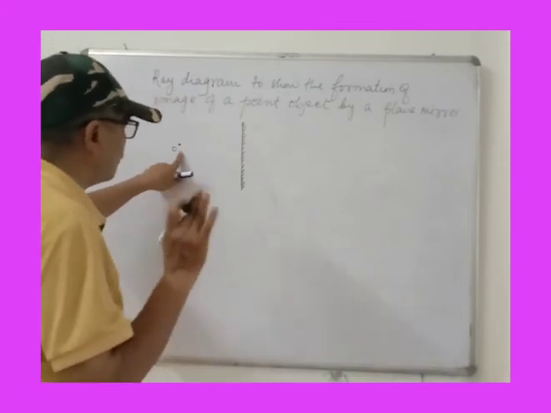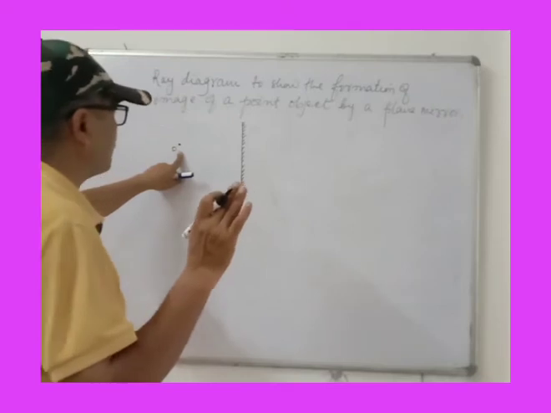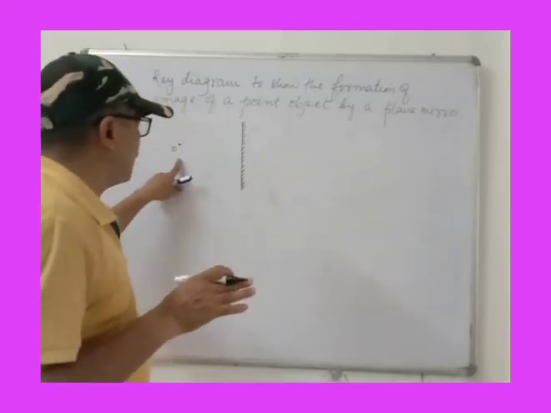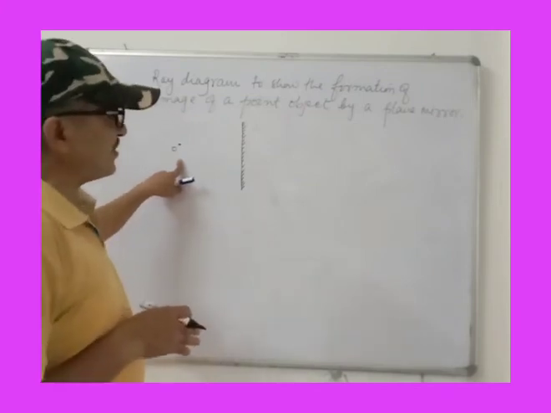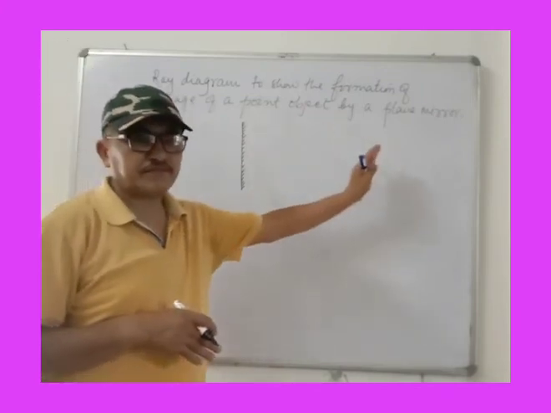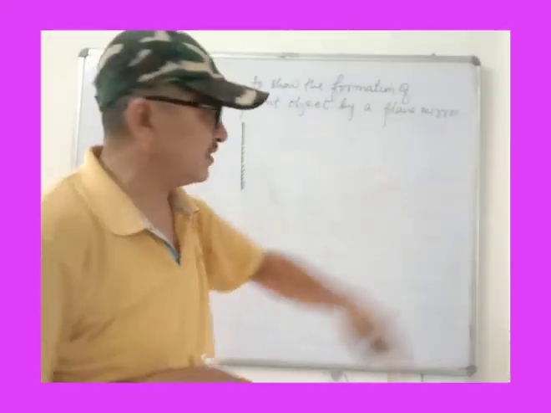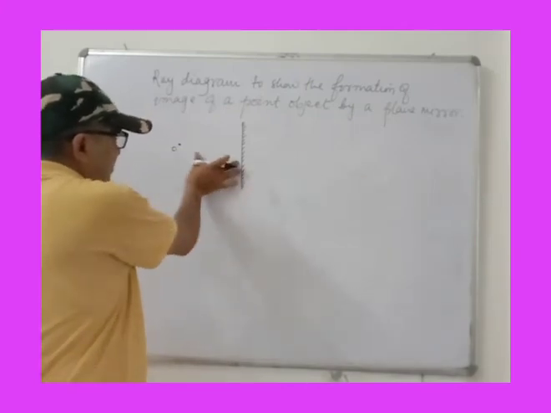And as we know that the distance of the image formed is equal to the distance of the object from the mirror, and image is always formed behind the mirror. When we see the looking glass, we see our image behind the mirror. Okay. So how much behind? Same distance.